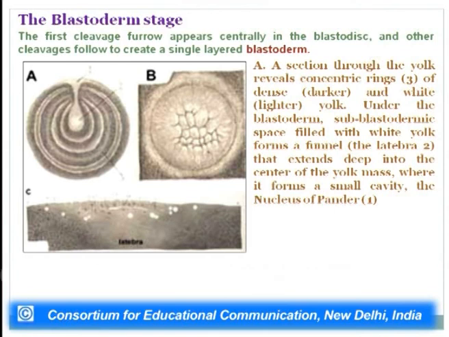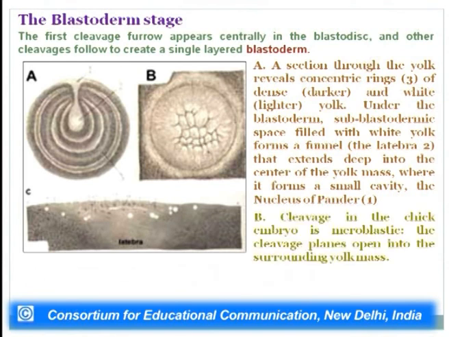Under the blastoderm, the topmost layer, the subblastodermic space filled with white yolk forms a funnel, which is called the latebra, that extends deep into the center of the yolk mass, where it forms a small cavity, the nucleus of Pander. Just below the blastoderm, the funnel shaped structure is the latebra, and you can see concentric rings of darker and lighter yolk.